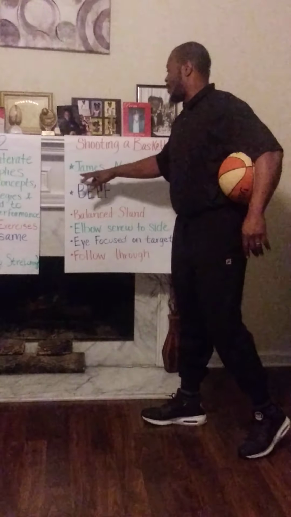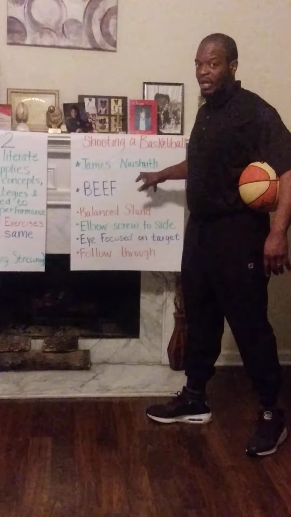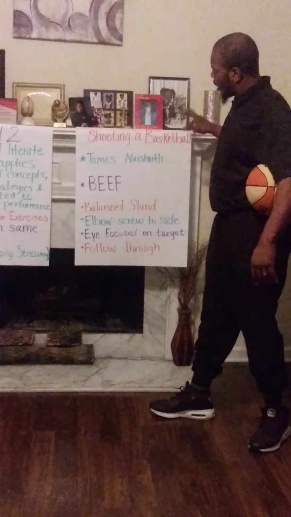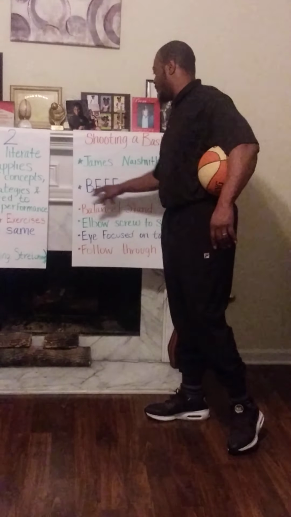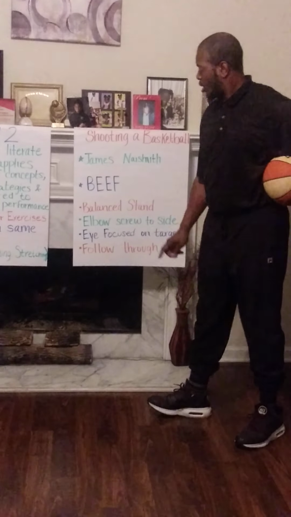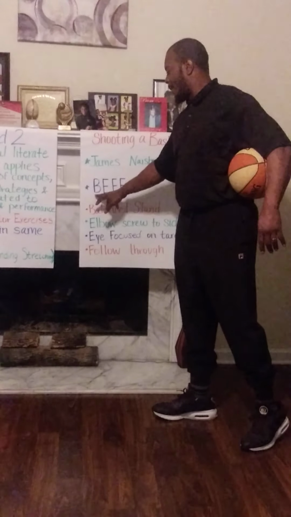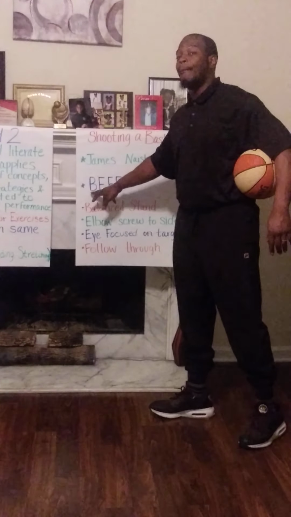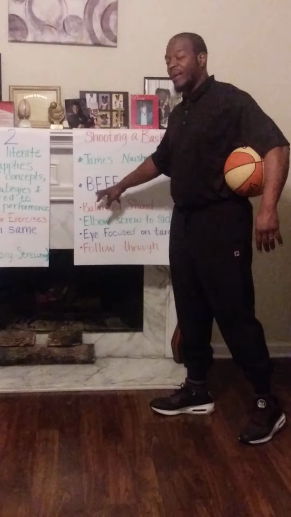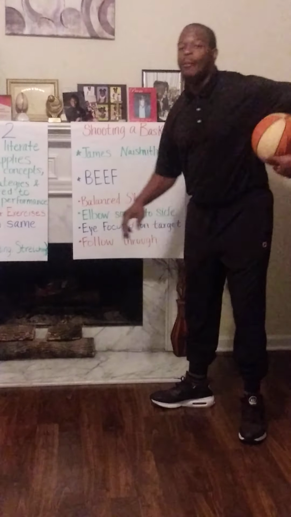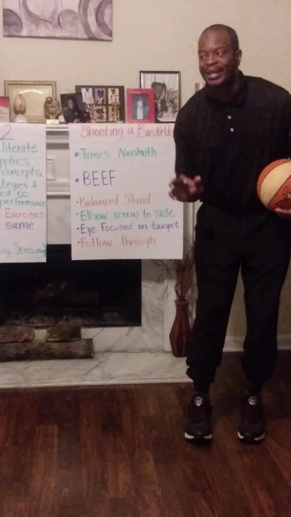And we also talked about basketball. Remember we said basketball was created by James Naismith, all right? And we also talked about how to shoot that basketball using the acronym BEEF. Let's go back over that. BEEF stands for having a balanced body position. The first E stands for tucking our elbow, keeping our elbow tight to our side.